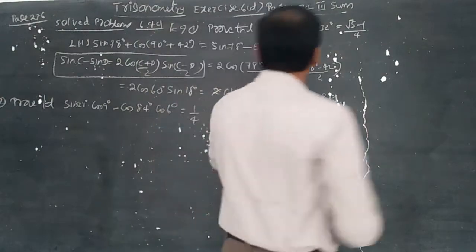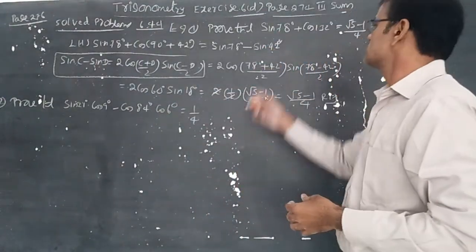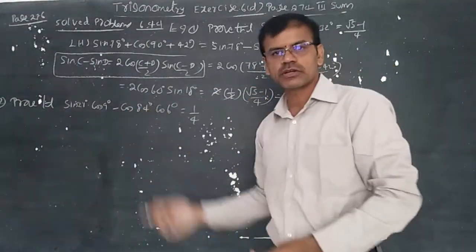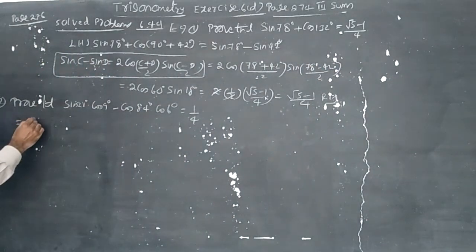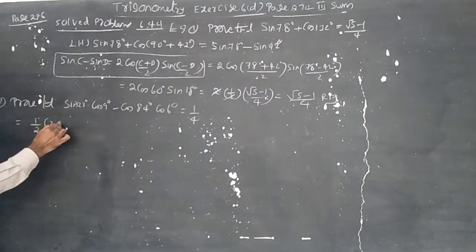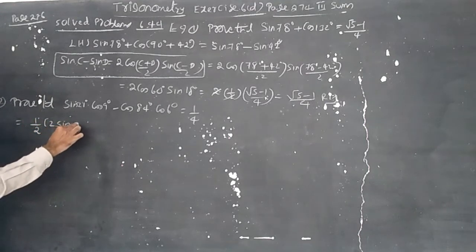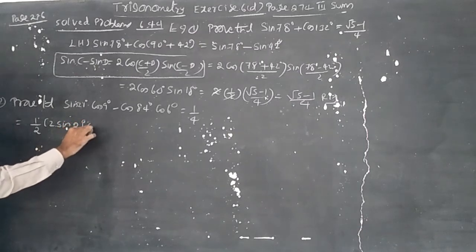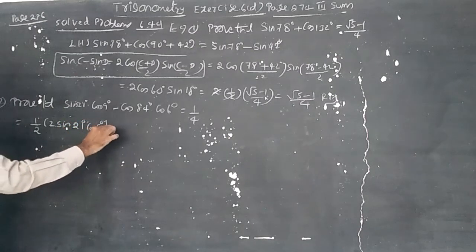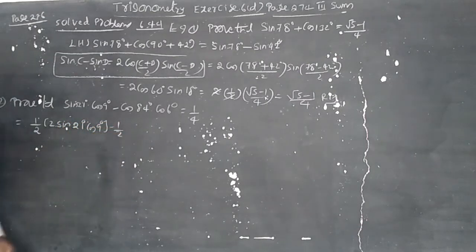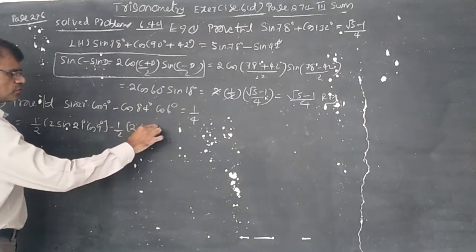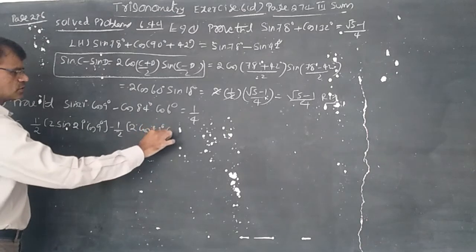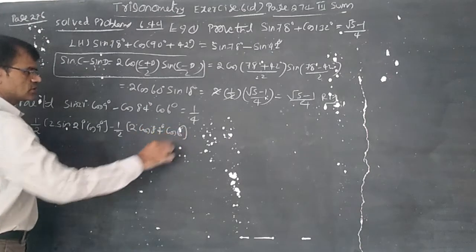We understood in the first question sum to product. Here we should convert product to sum. So multiply and divide with 2: 1 by 2 into 2 sine 21 degrees into cos 9 degrees minus, in the same way, 1 by 2 into 2 cos 84 degrees into cos 6 degrees.